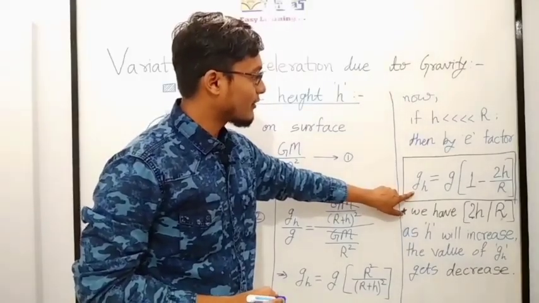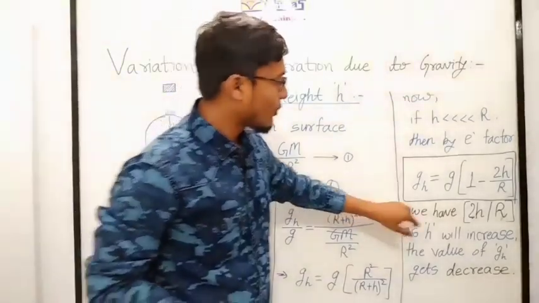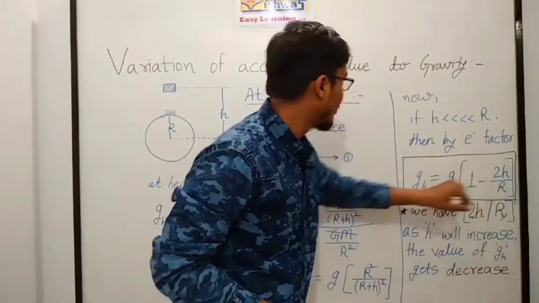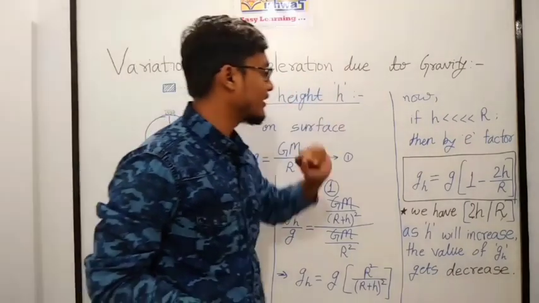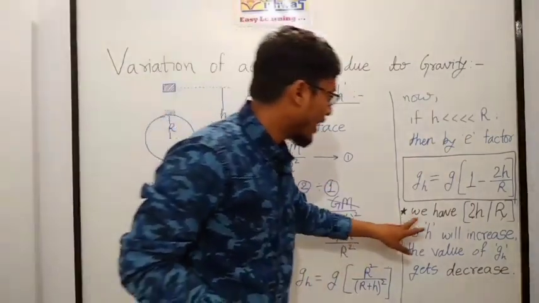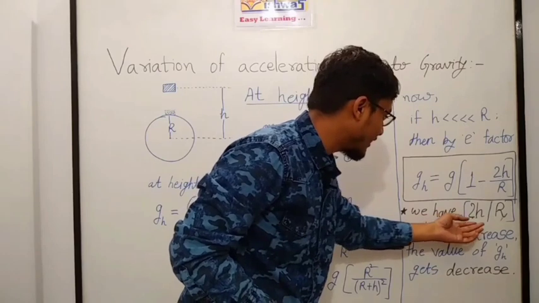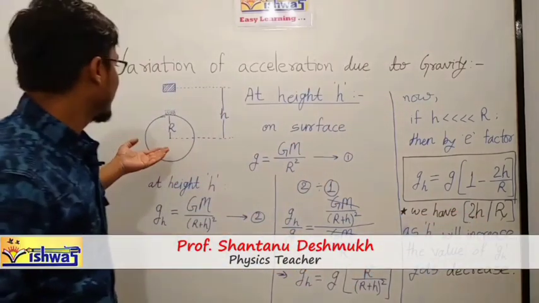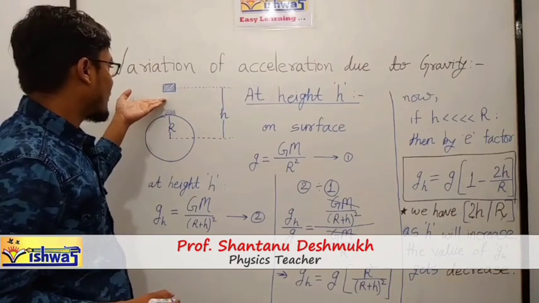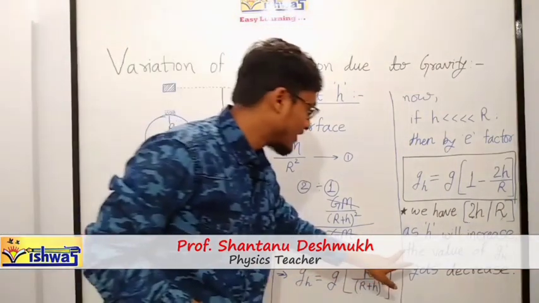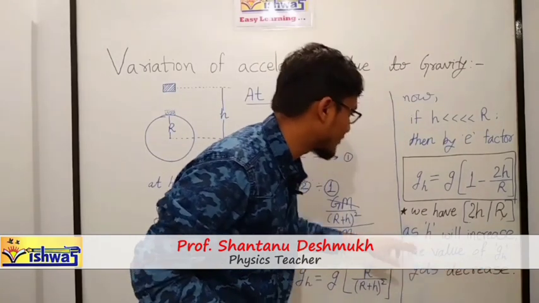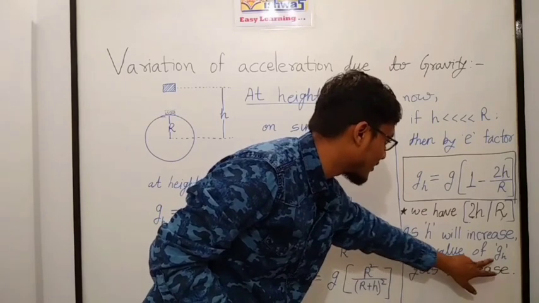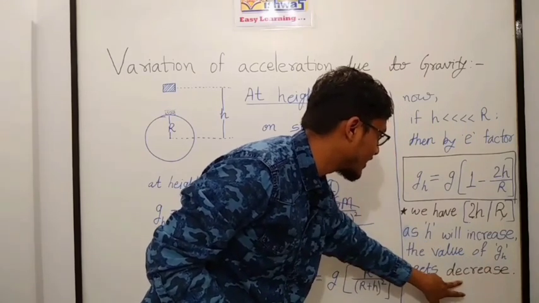So this is our final formula, and in this formula we got the factor 2h by r, and this factor matters most in the variation of acceleration due to gravity. As the value of h increases, that is, as we go above the surface of the earth, the value of gh, the acceleration due to gravity, will decrease.